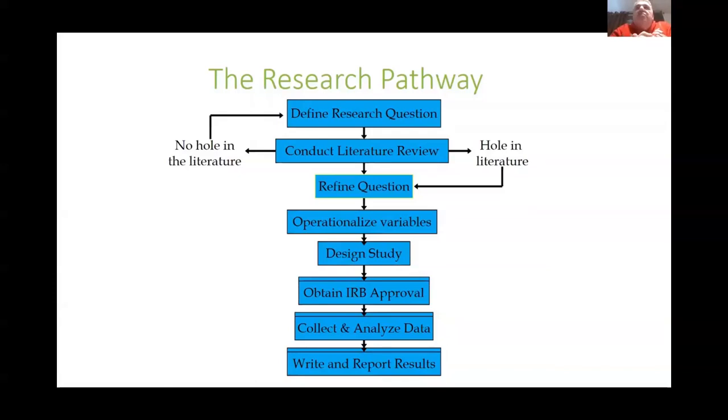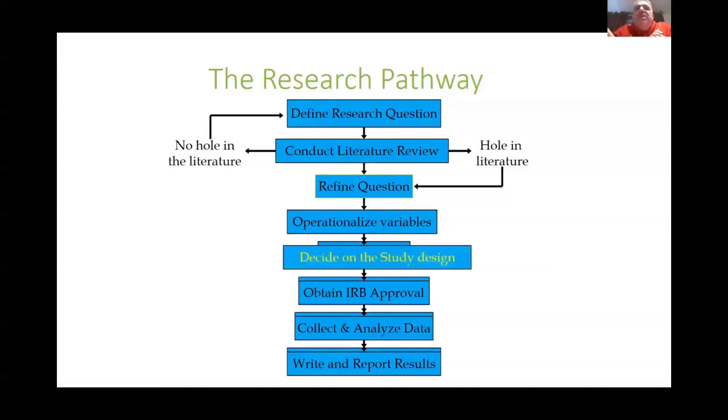So always keep yourself ready to answer that my rationale behind my study is going to add such and such, is going to overcome the deficiencies in previous studies, and so on. Once your research question is refined, you have to operationalize your variables.